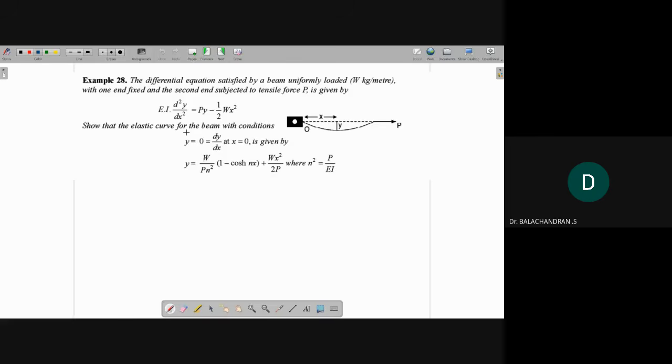Show that the elastic curve for the beam, with the conditions y equal to 0 and dy by dx equal to 0 at x equal to 0, is given by this equation. Otherwise they don't give this equation, they will ask you to find the equation of the elastic curve.